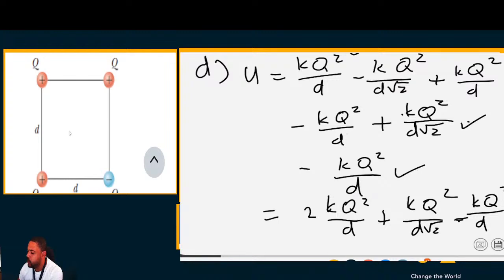Negative kq squared over d. I'm missing one. Let me check. That is 1. That's d, that's d squared.